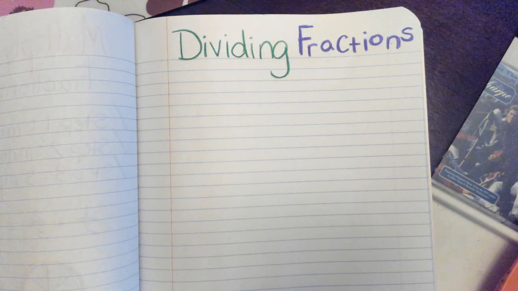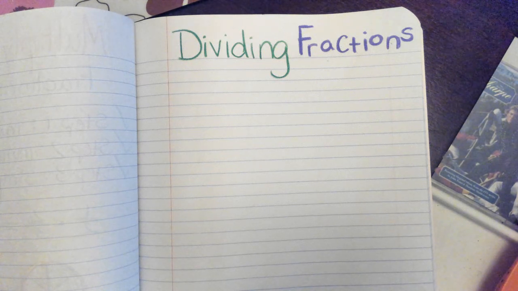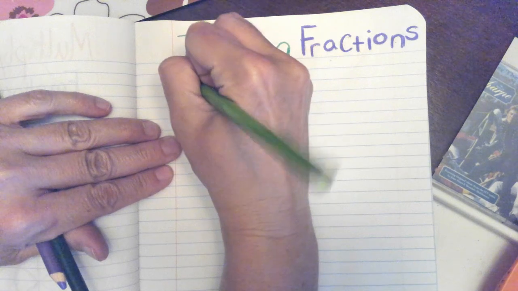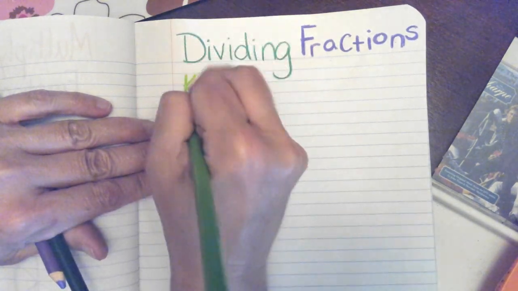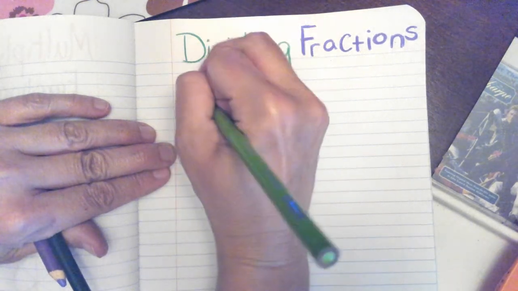Alright, today's video is on dividing fractions, and the thing that I'm going to start with for you is a little memory device that I call keep, times, and flip.